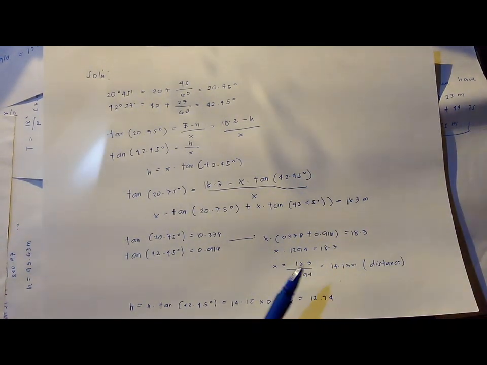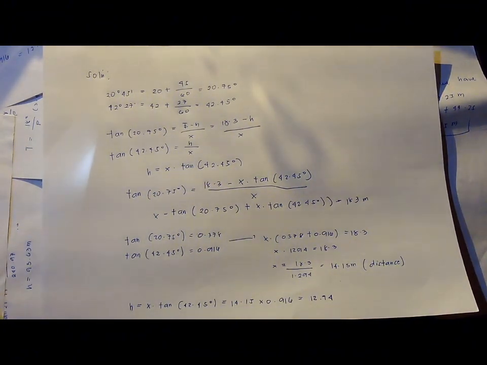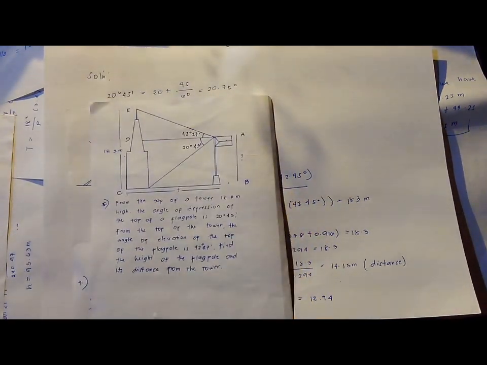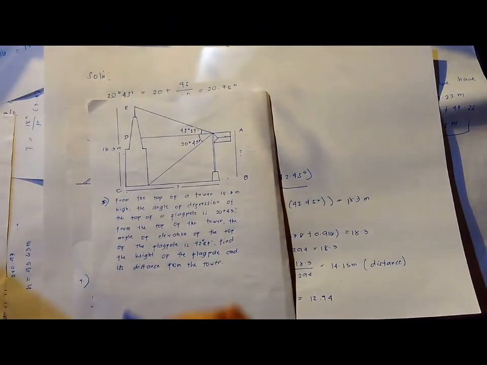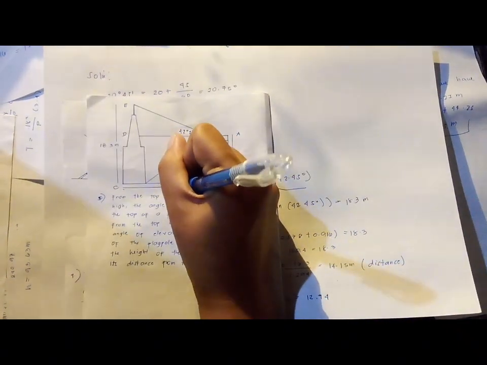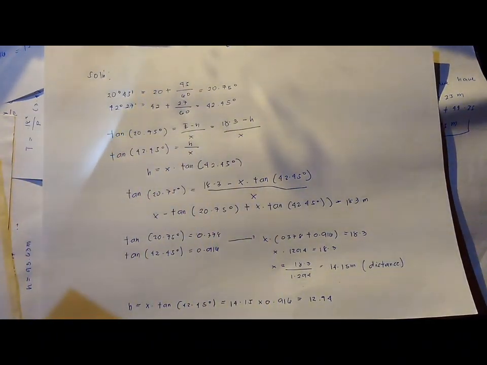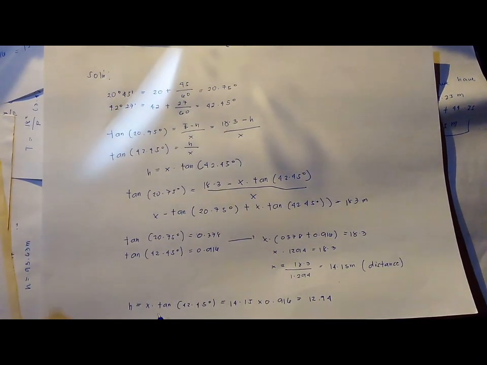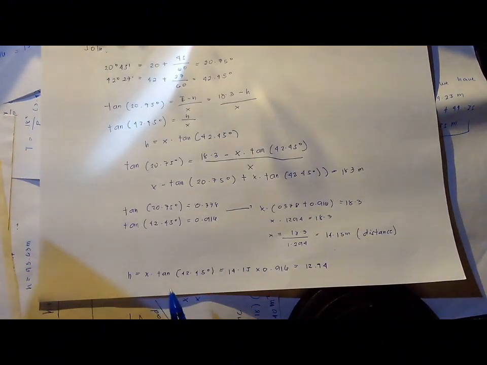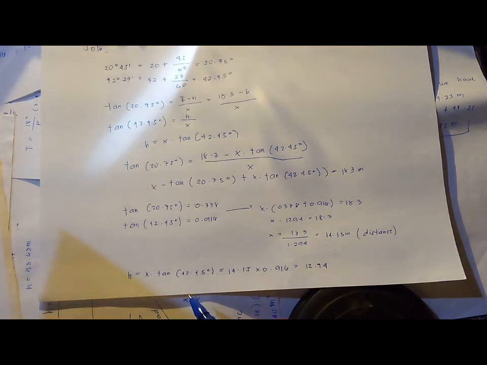So the horizontal distance, or X, is equal to 14.15 meters, while the height H is equal to X multiplied by tan 42.45 degrees, which is 14.15 multiplied by 0.916, equal to 12.94.